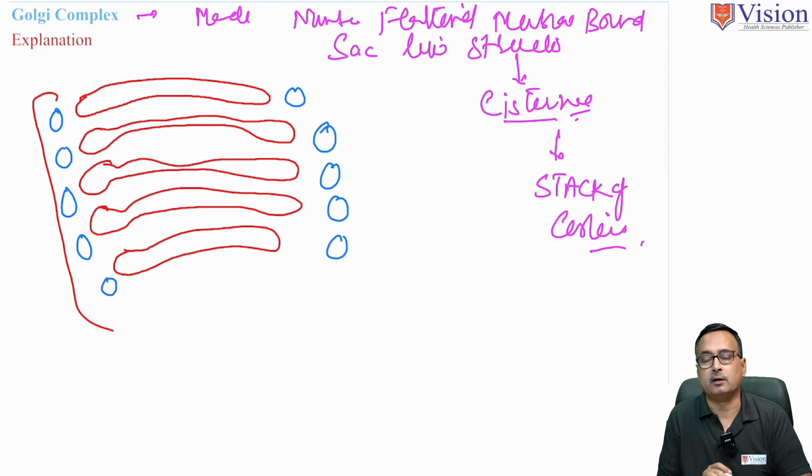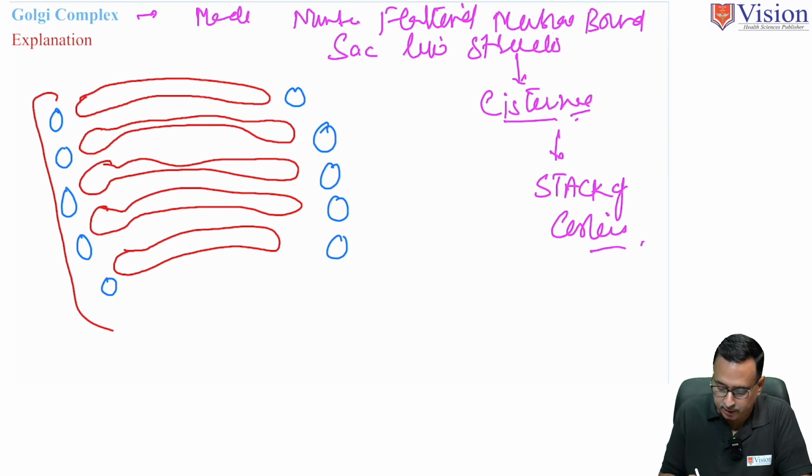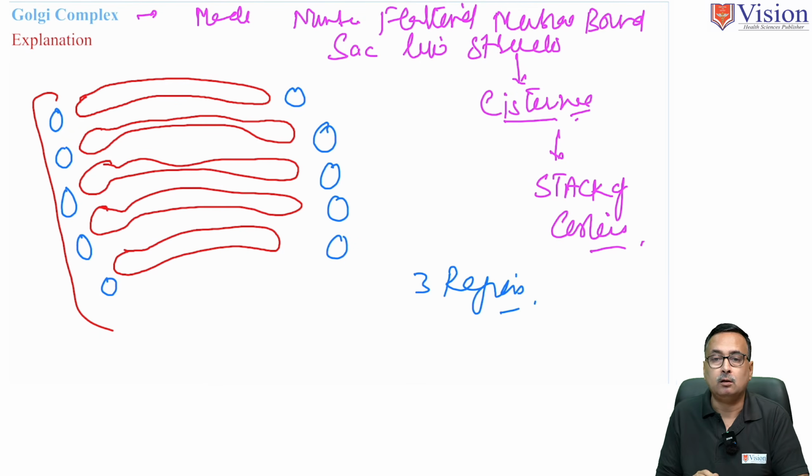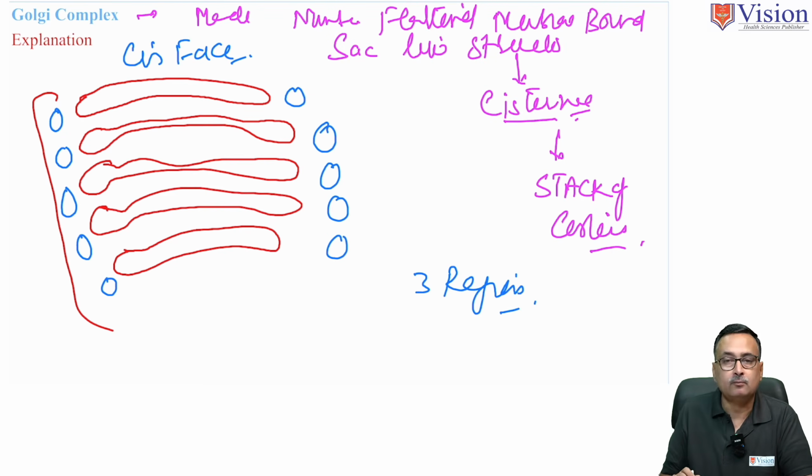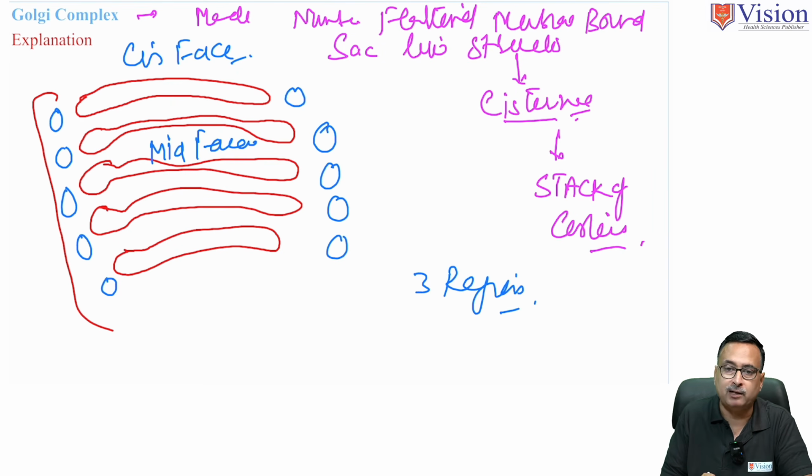So when the cisterna are arranged one above the other, three regions are formed. The region of cisterna which faces towards the endoplasmic reticulum is called the cis phase. The phase in the middle of the pile is called the mid phase. And the phase of the pile which is towards the cell membrane is called the trans phase.